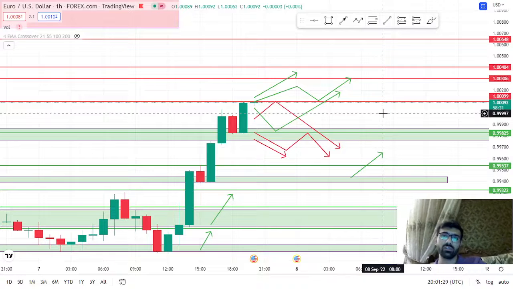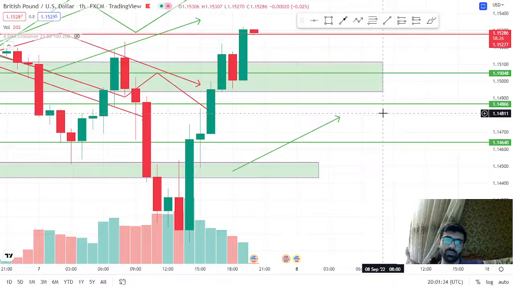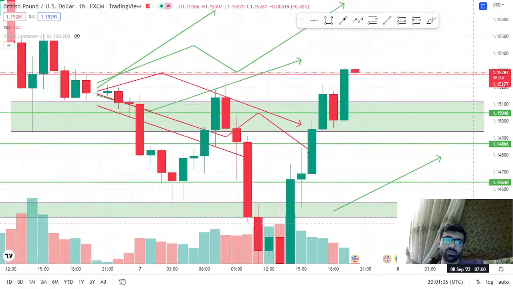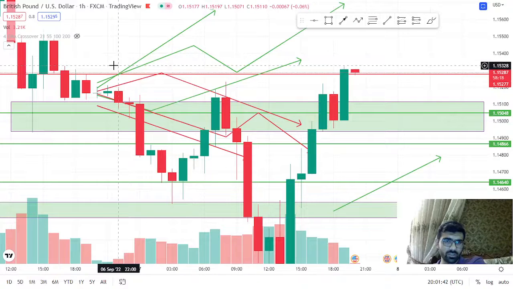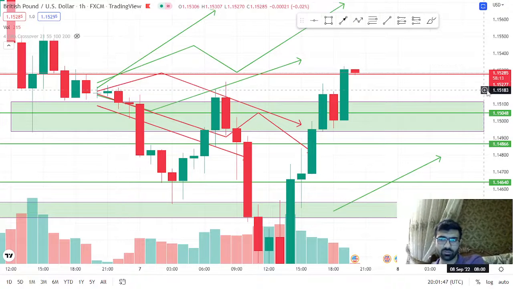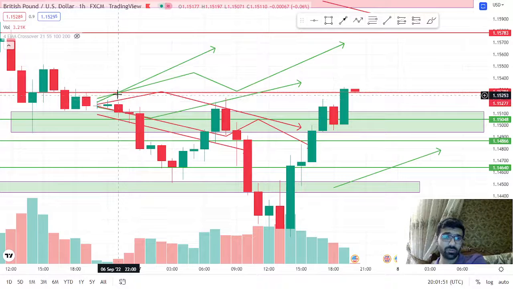Okay, so now let's move on to the next pair, which is GBPUSD. Since we were discussing this pair yesterday, you guys can clearly see that the market went down quite a bit, and we gave you some buying setups.